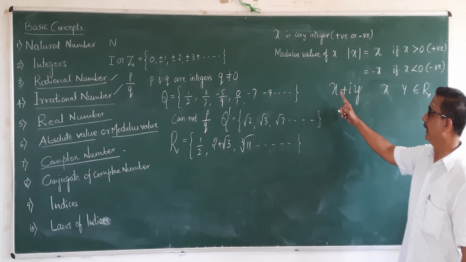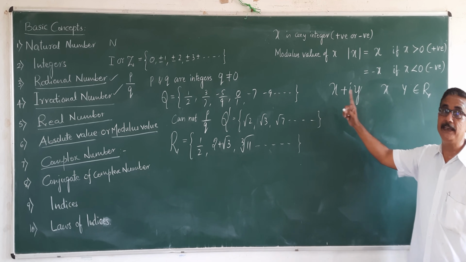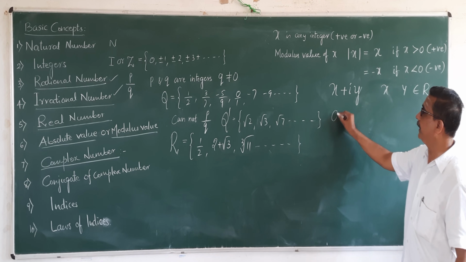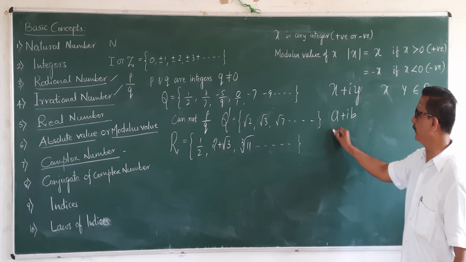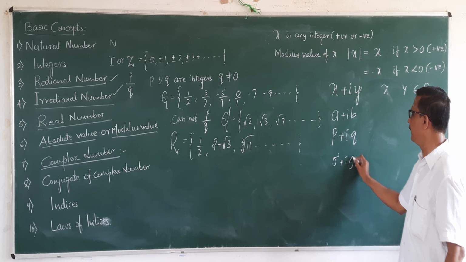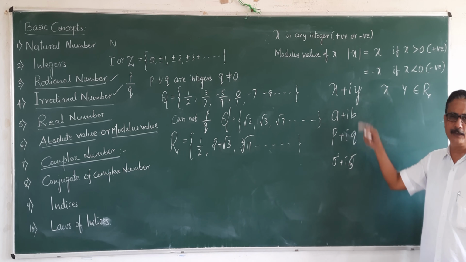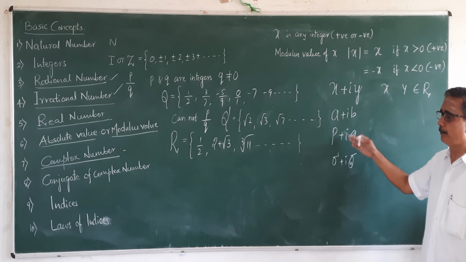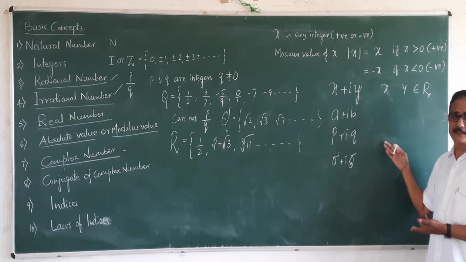So an expression of the type, in general, x plus iy, or if you take a plus ib, or p plus iq, or r plus is, you take any two alphabets. Not only x and y, you take any two. Either x and y, or a and b, or p and q, or s plus it, like that.